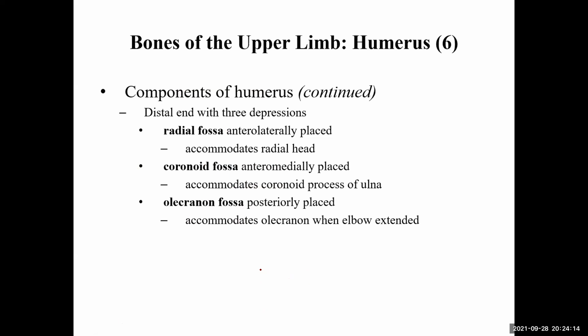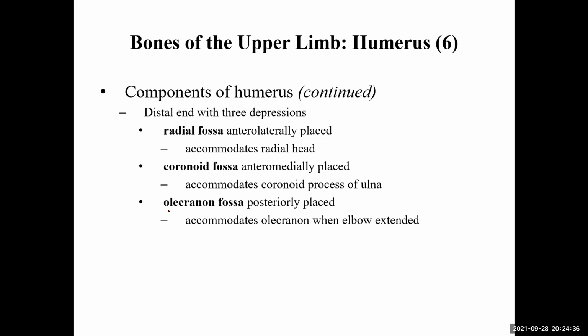All right, so we saw the landmark structures on the distal end. Now let's talk about some of the structures that involve depressions. And there's three. Two are going to be on the front and one will be on the back. So let's start with the one on the back first.